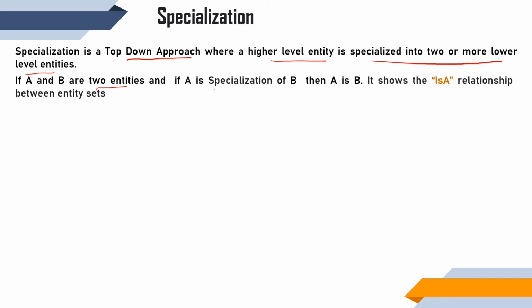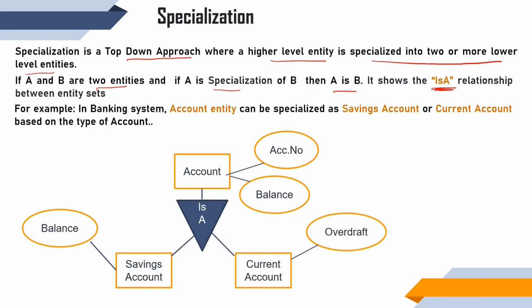Now if A is a specialization of B, then I can say definitely A is a B, because A is just a specialization of B. That means all characteristics of B are there within A. Only A is specialized to have some more characteristics, isn't it? That means A is B only, but with some specialized characteristics. And this particular relationship is shown by ISA. And the ISA relationship is shown by a triangular structure.